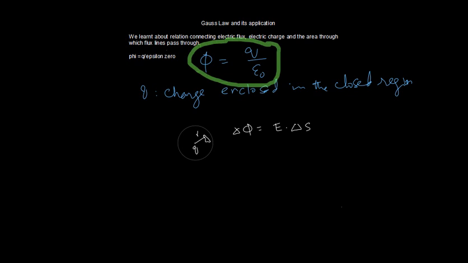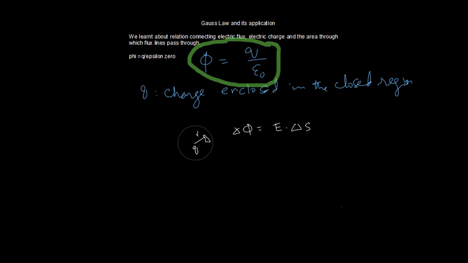Now coming to the textbook, there is a derivation of how they got this phi equal to q by epsilon naught for a spherical region. Under Gauss law he gives a sphere. This circle represents a sphere.